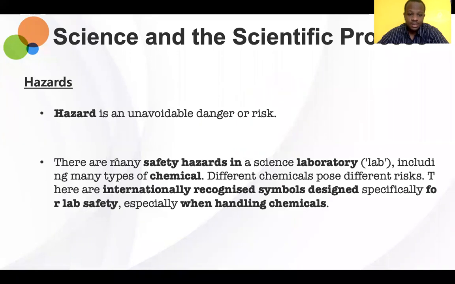So there are many safety hazards in a scientific laboratory, and we call that, of course, a lab, including many types of chemicals. The most hazardous things mostly are the chemicals in the lab. We have acids in the lab and so forth.